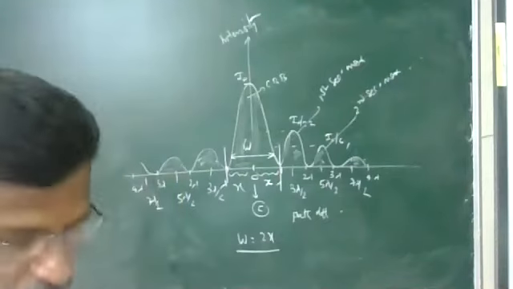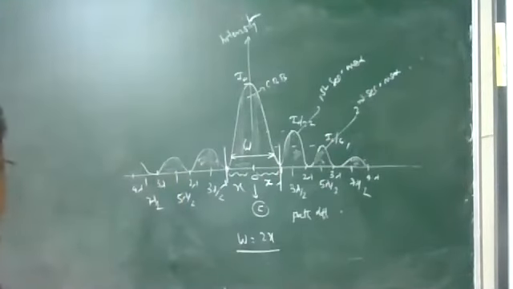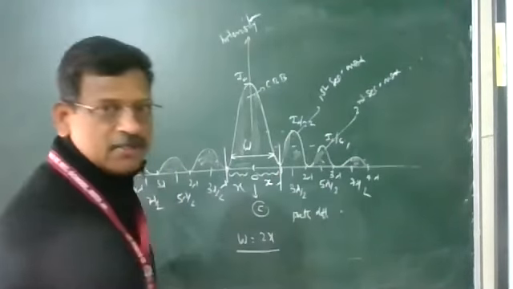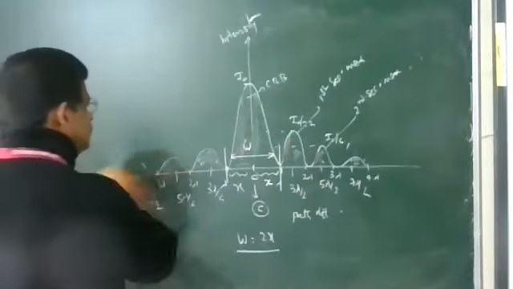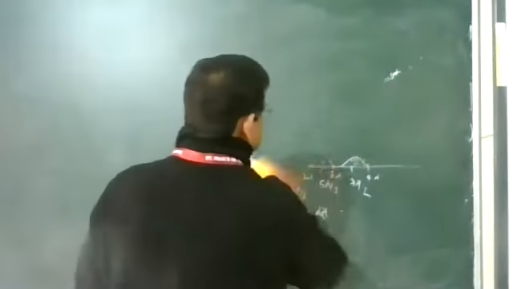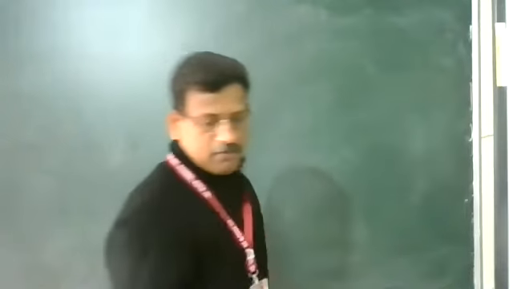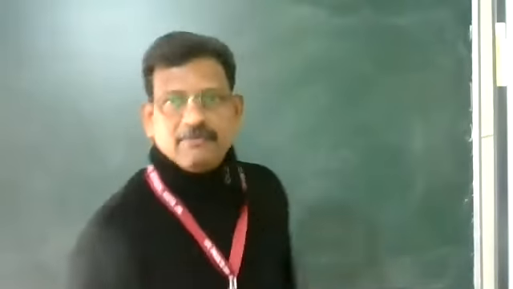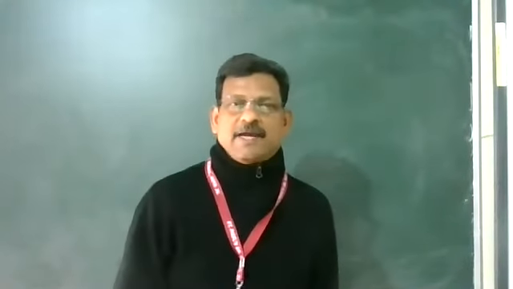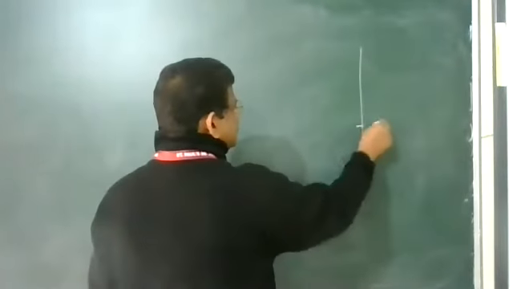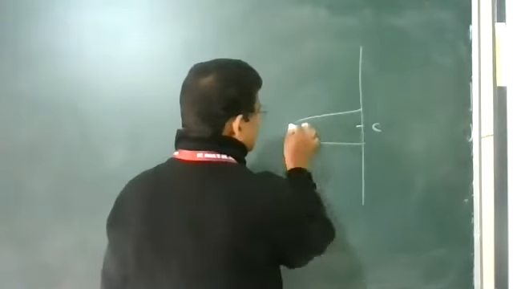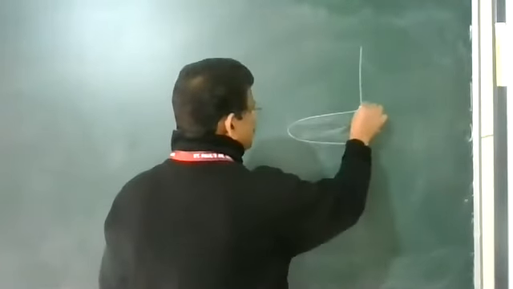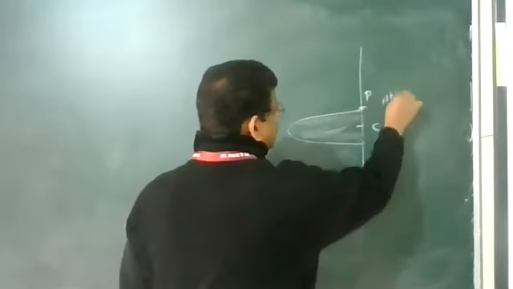So the diagram is rotated through 90 degrees, showing only the central bright band. Width of the central bright band: a very important point to remember is that it is twice the bandwidth. So this is the screen, this is the center of the screen, where we get the central maximum. And this is the point P where we get the first minimum.